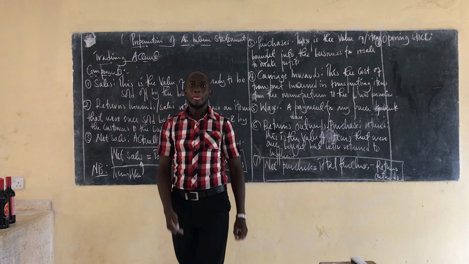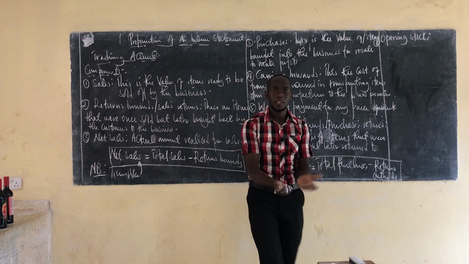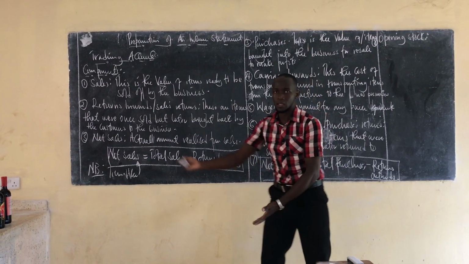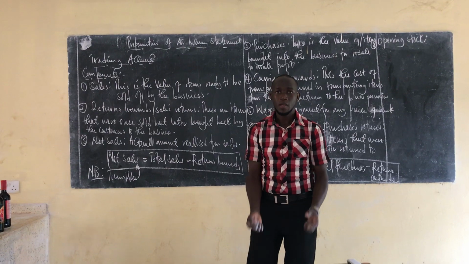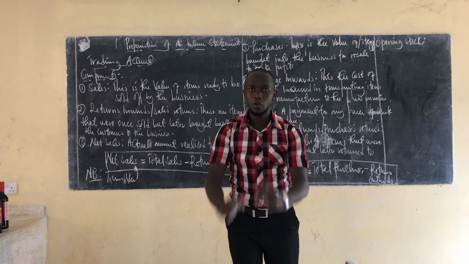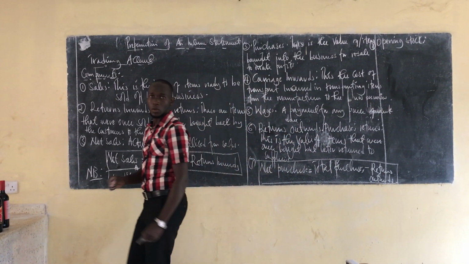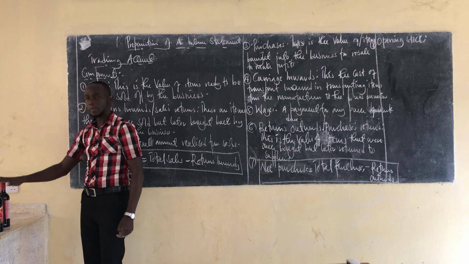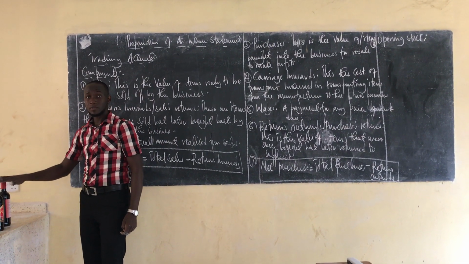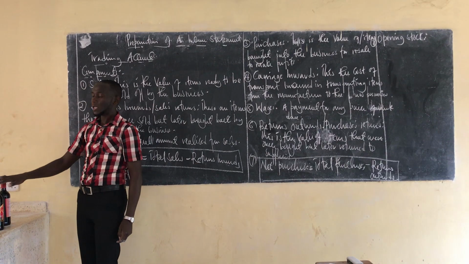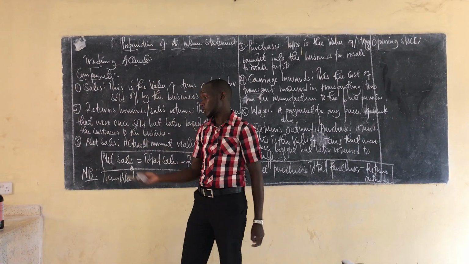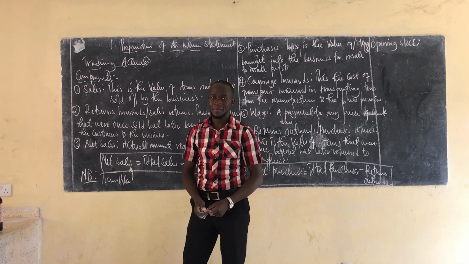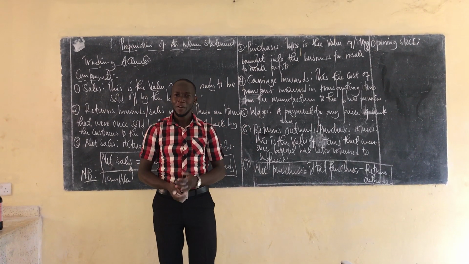The amount of items you have at the start, as you're commencing that trading period, which amount of goods do you have? The value of those goods is what we call the opening stock. If I came in the morning, found this person with 3 bottles of wine, and this person just starting this business, I will say his opening stock is worth 90,000, if he tells me that a bottle goes for 30,000.